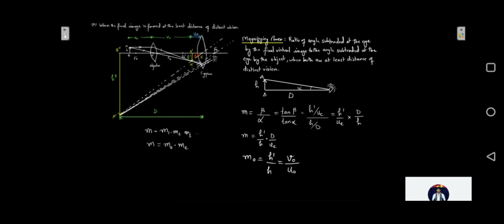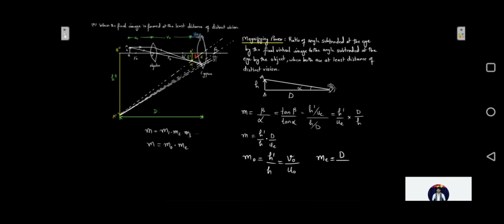So now let us come to the magnification of the eyepiece. As we know, the eyepiece is going to behave like a simple microscope, wherein the image is formed at the least distance of distinct vision, that is the first case. There we had seen that the magnification of the simple microscope was given by D upon the object distance. So in this case also it is going to be D, that is the final image distance, divided by the object distance.